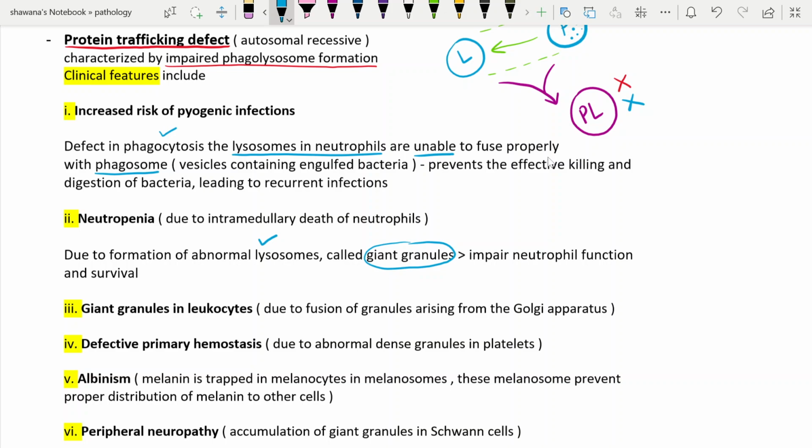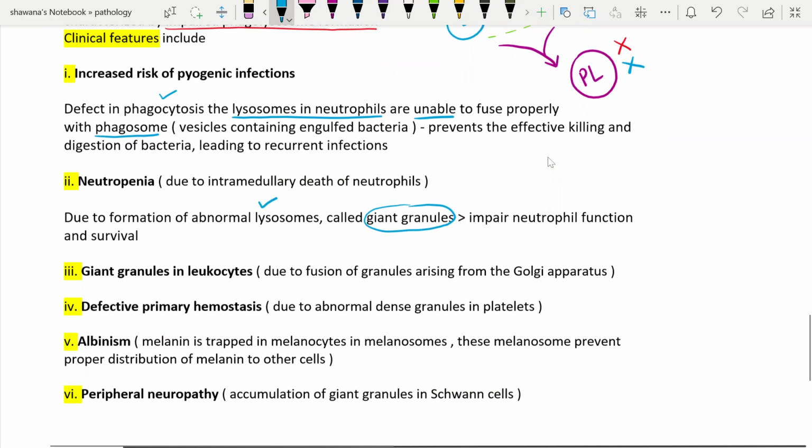The third clinical feature of Chediak-Higashi syndrome is giant granules in leukocytes. As I have discussed, giant granules start to form in the leukocyte. A lot of granules fuse together to form a large or giant granule, and they impair the normal function and the survival of that leukocyte.